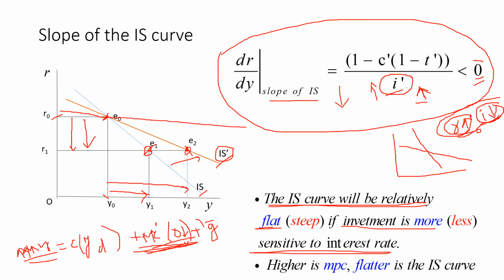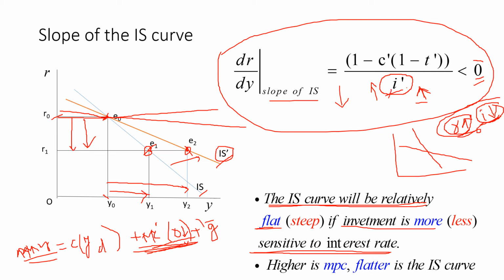And what is the logical extension of that? What would the flattest possible IS curve be? A horizontal one. When can it be horizontal? It can be horizontal when your I prime is so sensitive, the maximum possible sensitivity, that we call an infinitely elastic investment function.